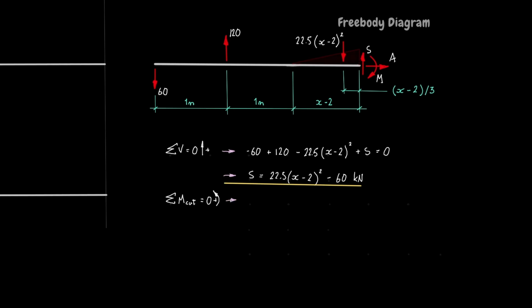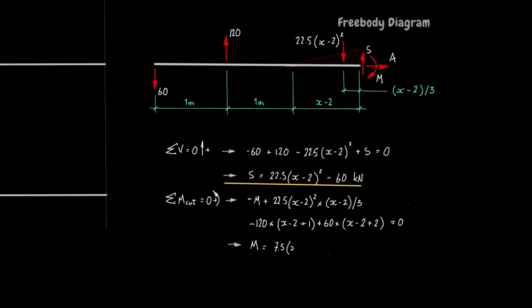Now, taking moments about the cut, write down the expression for the bending moment. Tidying up the expression shows bending moment is 7.5 times x minus 2 cubed minus 60x plus 120 kilonewton meters. Note, these equations are good for all values of x from 2 to 4 meters.